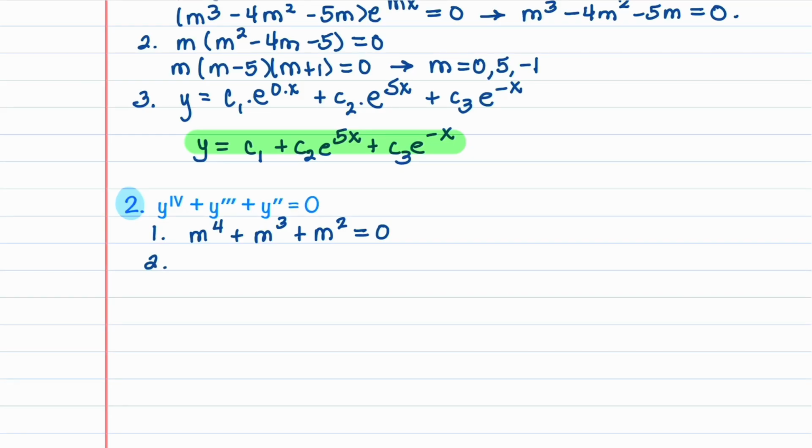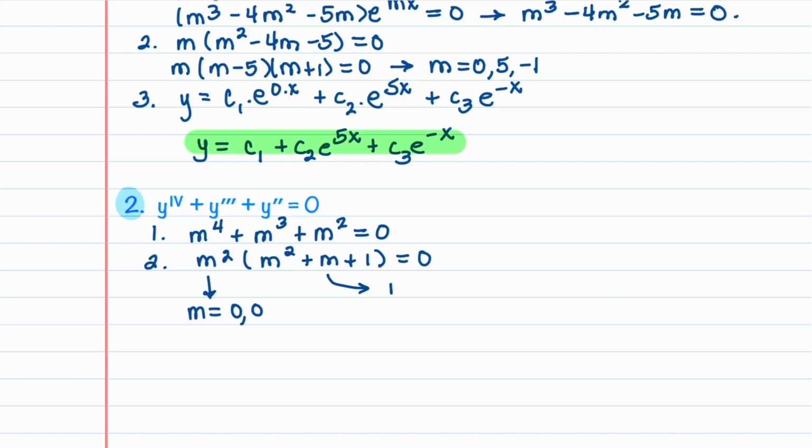Now in step 2, we're going to solve this equation. We can factor out an m squared, and that leaves us with m squared plus m plus 1 is equal to 0. The m squared is going to give us that m is equal to 0 and 0. And then for this one, we are going to have to use the quadratic formula.